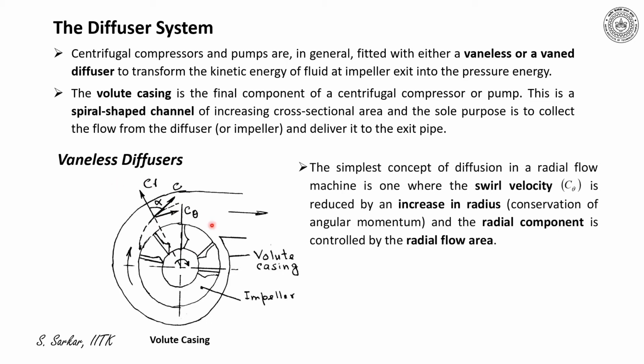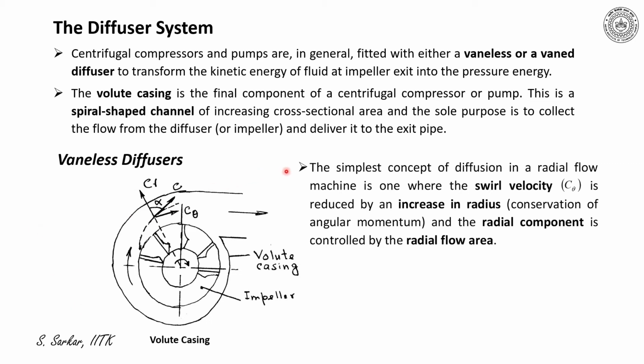Thus, C is divided into two components, C theta, the swirl component, and CR, the radial component.